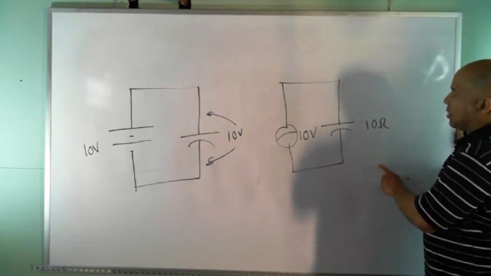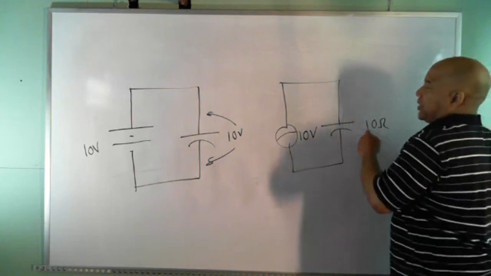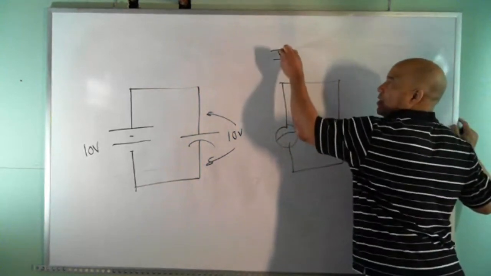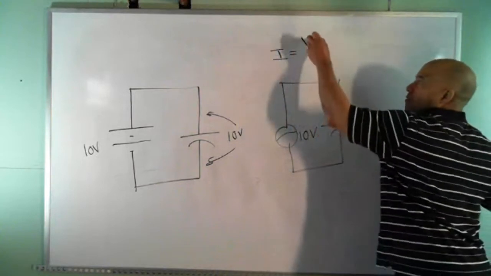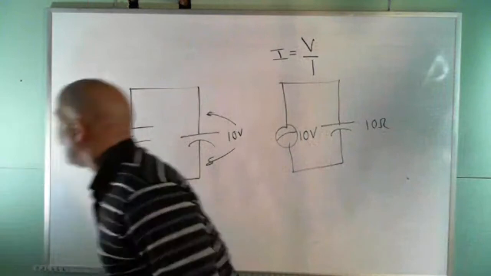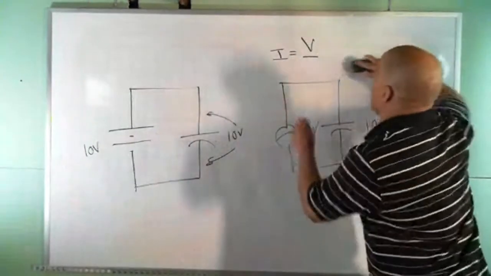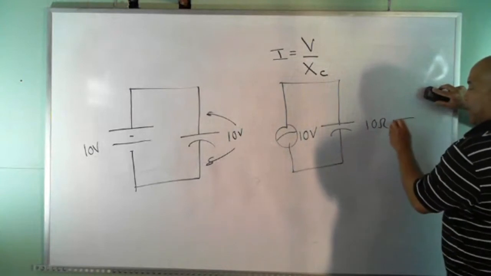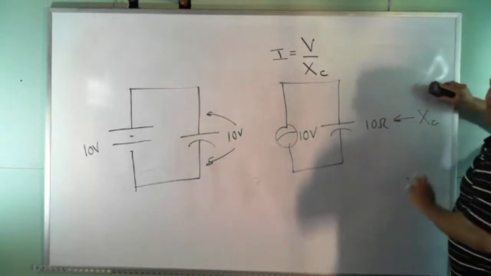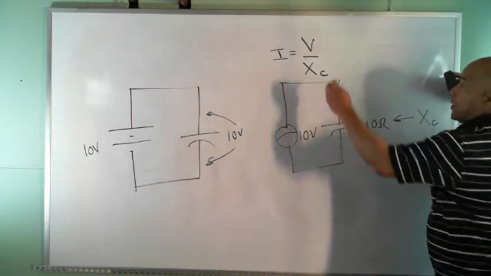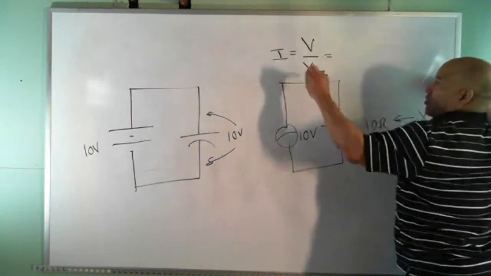If it provides 10 ohms of opposition, then I'll have a current flowing in this AC circuit, and that current is going to equal V over, not R, I was about to write R, it's going to be V over XC, where XC is that value right there. It's the capacitive reactance, the ohms provided by the capacitor. And just like with a resistor, I use Ohm's law.